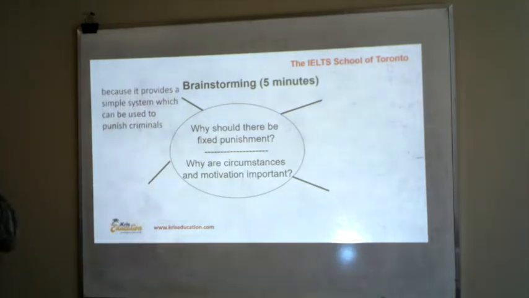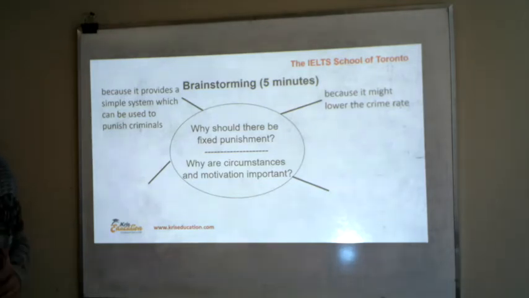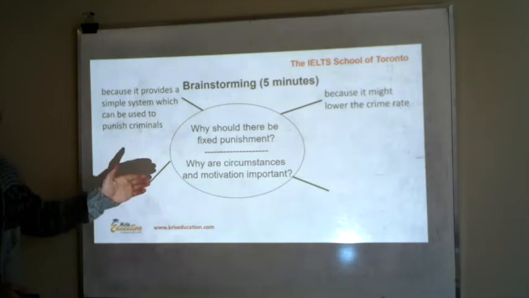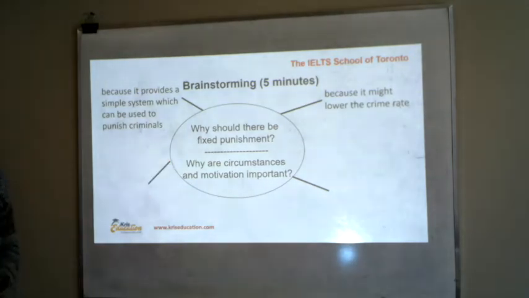Some reasons. So fixed punishment, because a fixed punishment approach provides a simple system that can be used to punish criminals. Another reason, because a fixed punishment approach might lower the crime rate. Circumstances and motivation, why are they important?